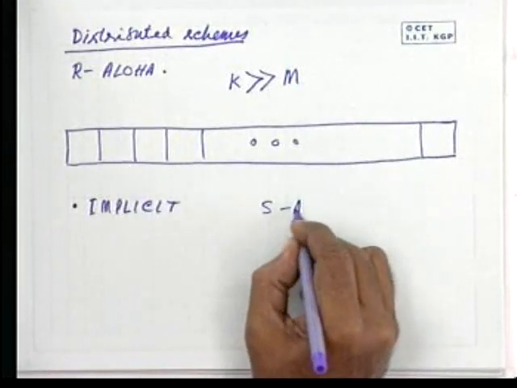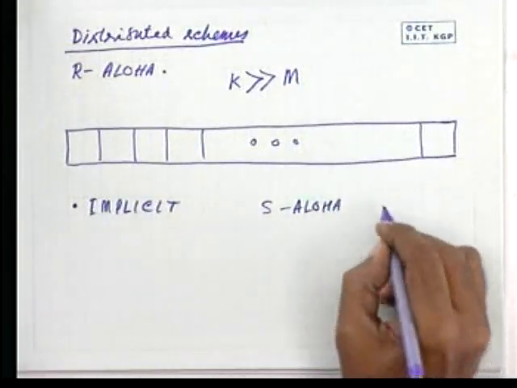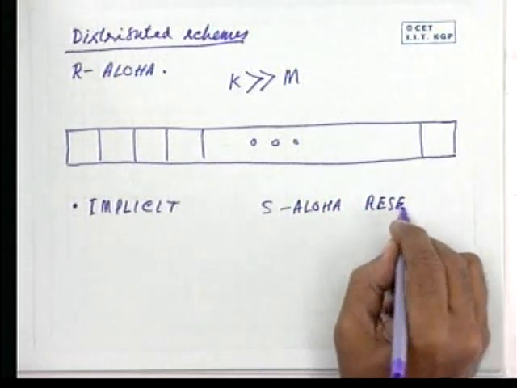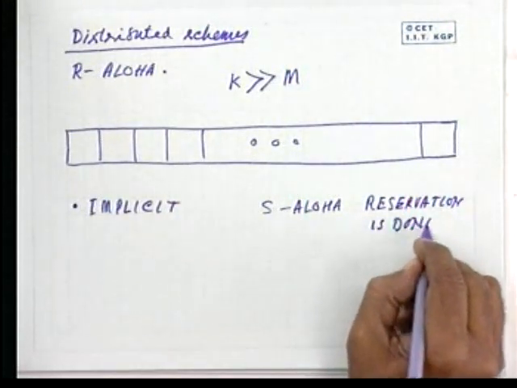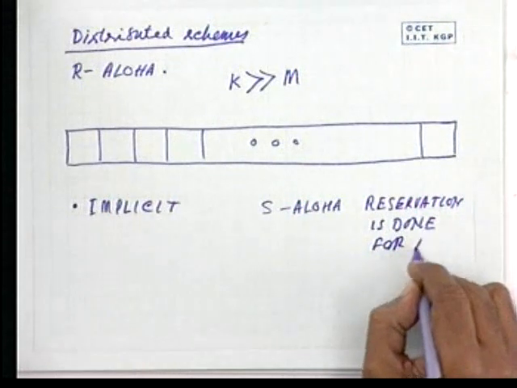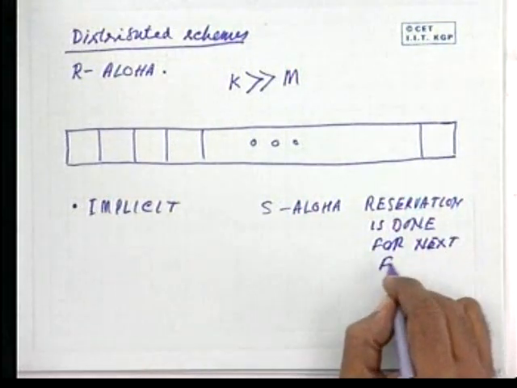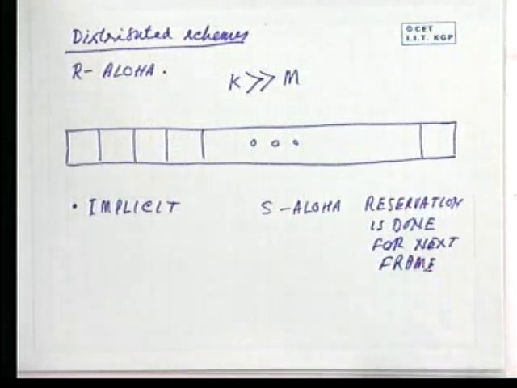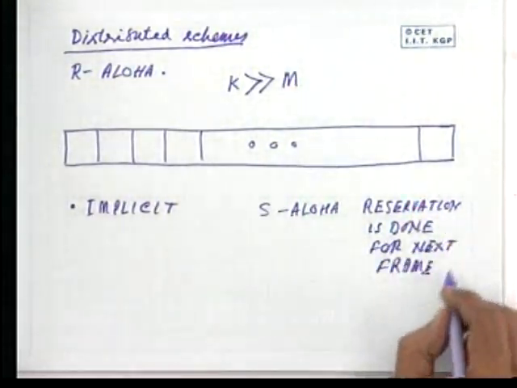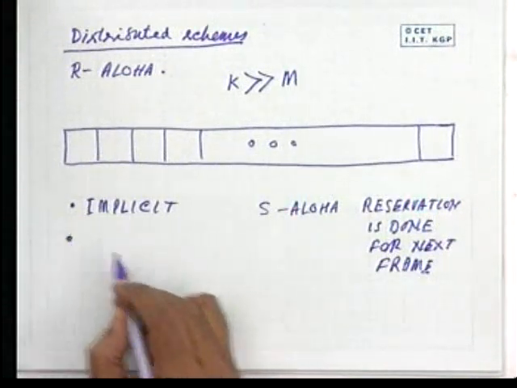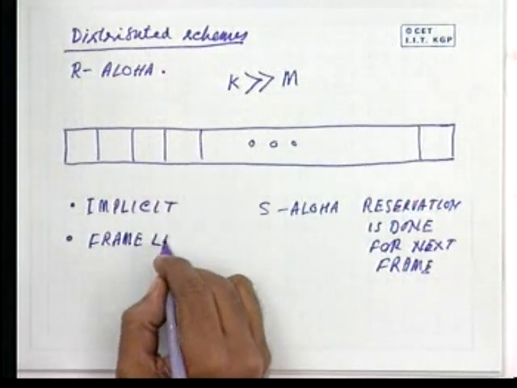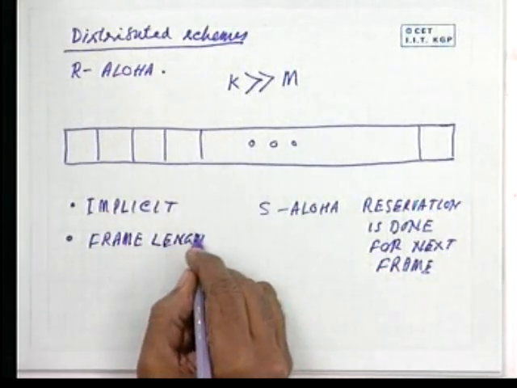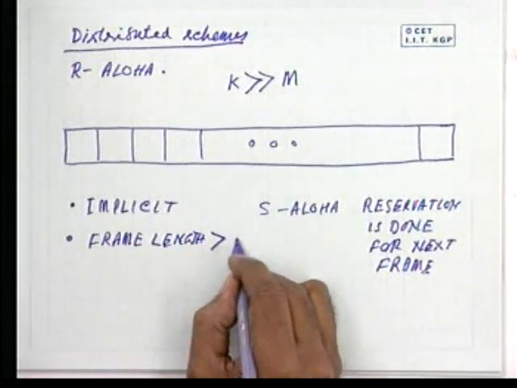So by using slotted Aloha, reservation is done for the next frame. And in this case, it is necessary that the frame length has to be greater than the bit length.